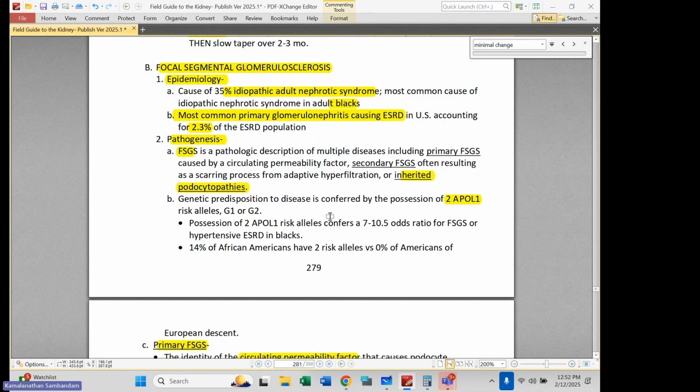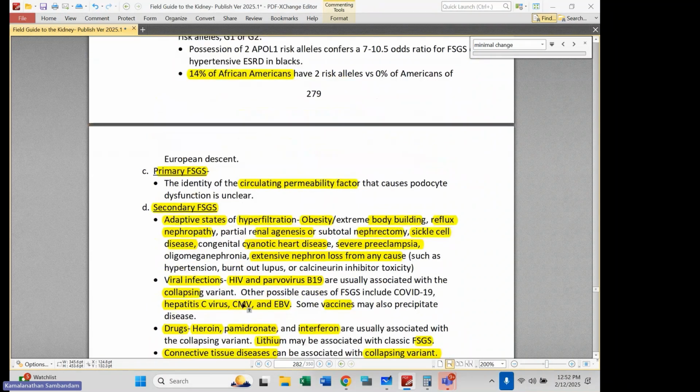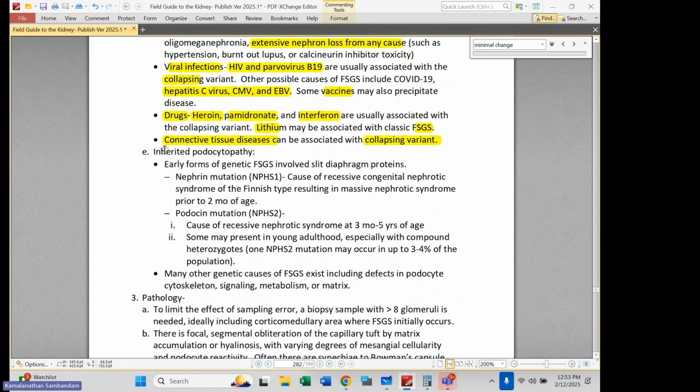Danny taught us some of that fairly recently, as well as the prevalence of this amongst African Americans in the U.S. This is around 15% of African Americans who carry two APOL1 risk alleles.